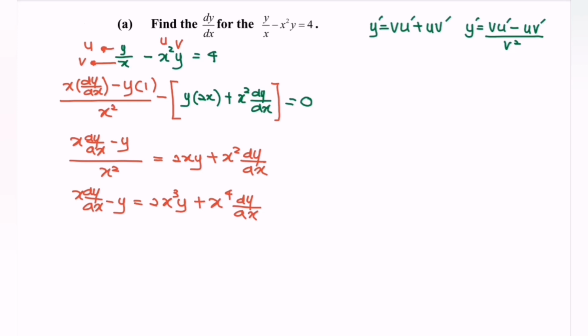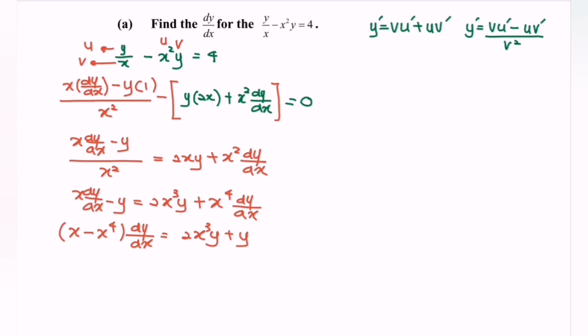Rewrite the equation. So x minus x to the power of 4 multiply with dy/dx is equal to 2 multiply with x to the power of 3 y plus with the y.